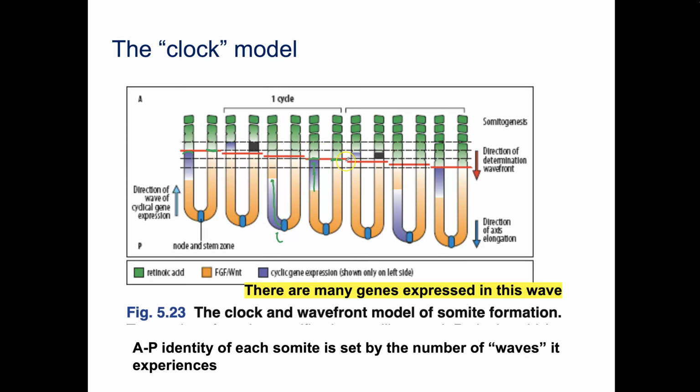And then the next somite forms. The gene expression continues up here afterwards, as the somite is forming. Okay, so that's one cycle, and then the next cycle.